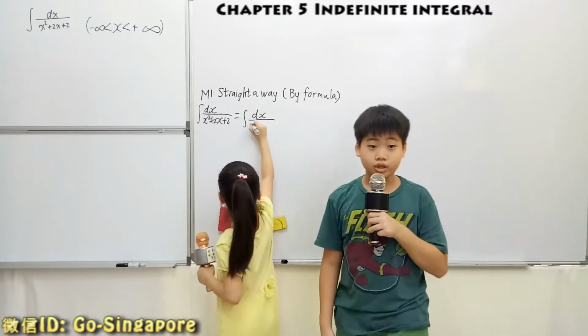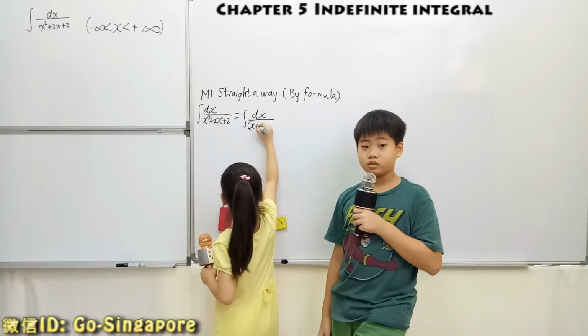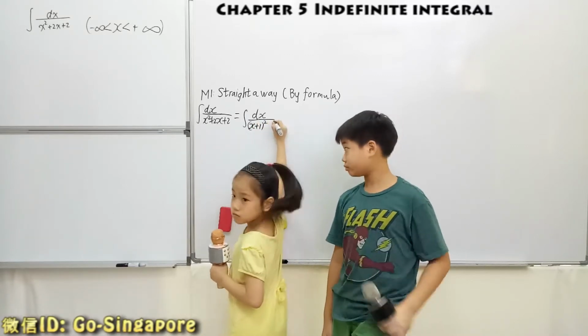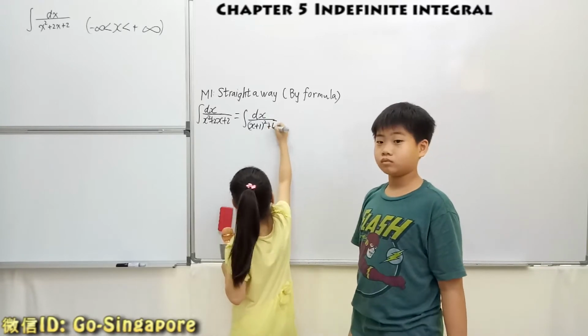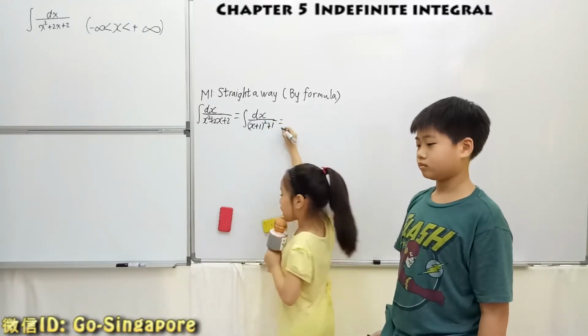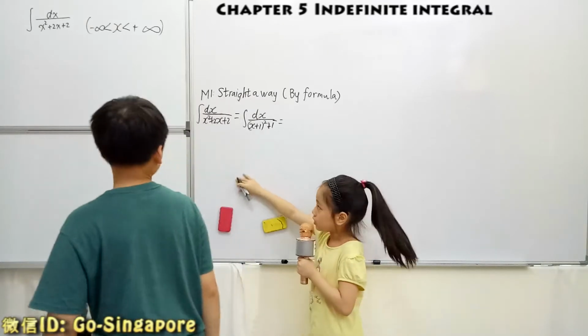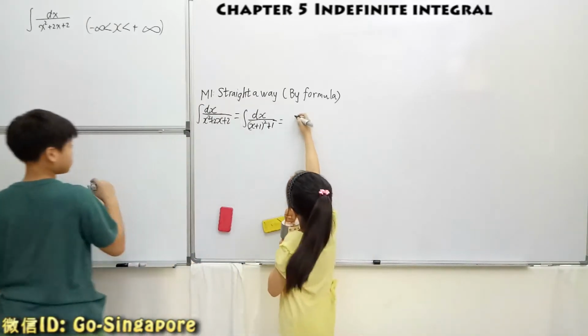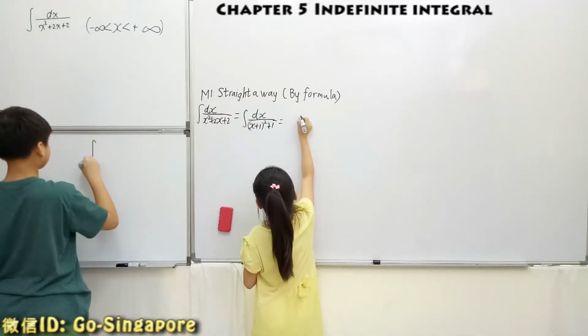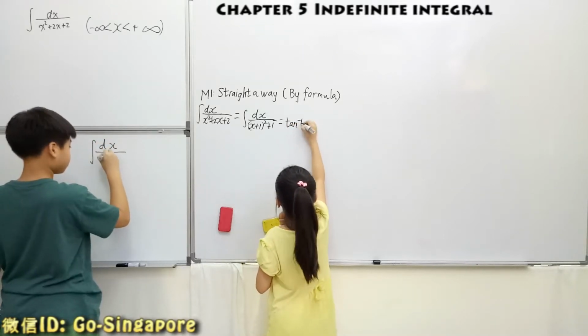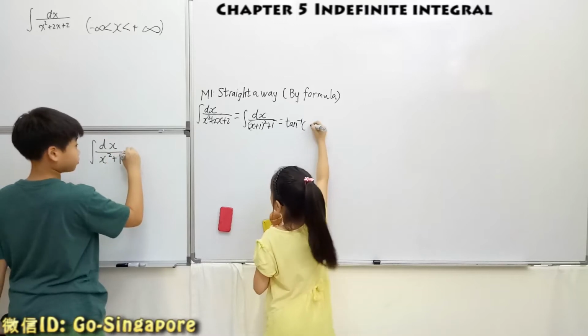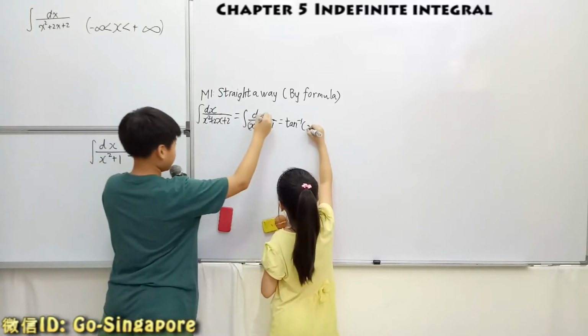So right now, first for this, you can use a completing square. Now we can use the formula, write down the formula. And don't forget that you need a plus 1 here.